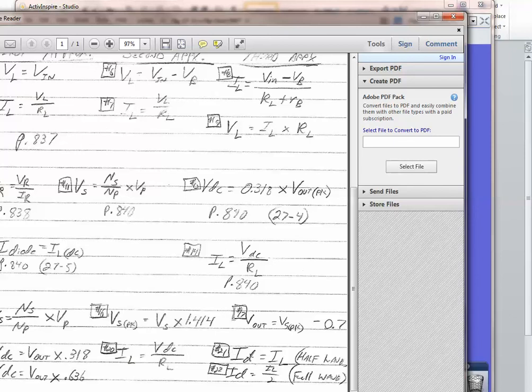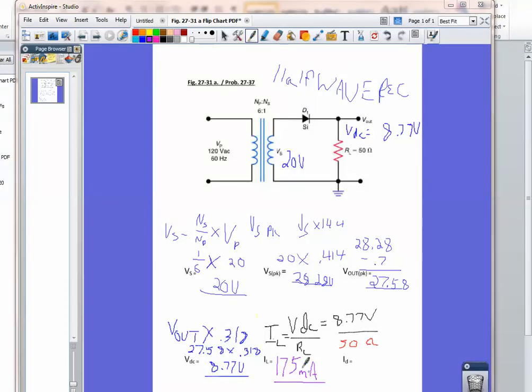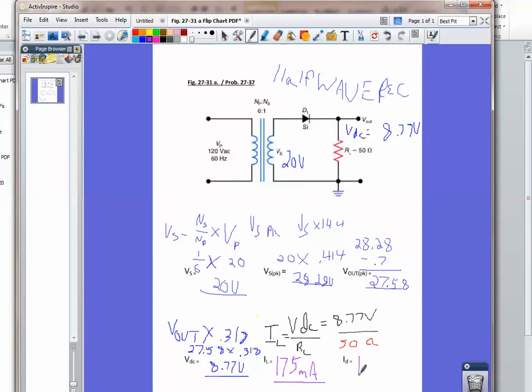So this is a really easy formula to deal with. It's just ID is equal to IL. So whatever we get for IL, we get the same answer for ID. So it's 175 milliamps.